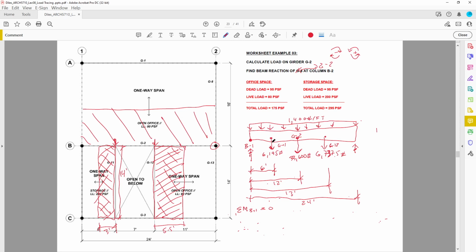And if we're going counterclockwise, we call it positive. All right, so with respect to B1, G11, this point load is trying to turn it this way. This one is trying to turn it this way.